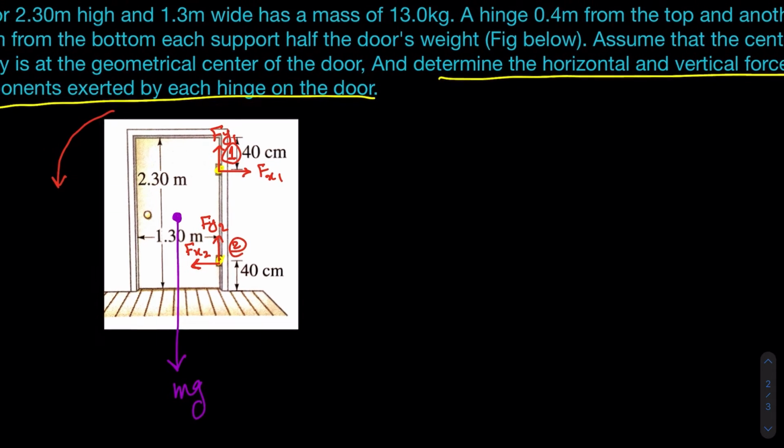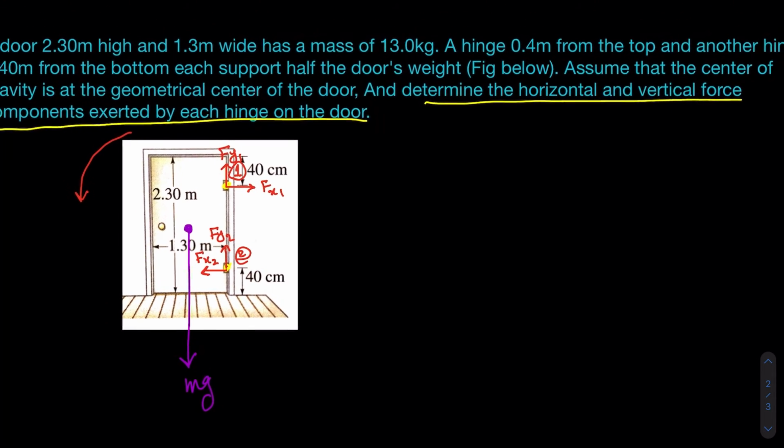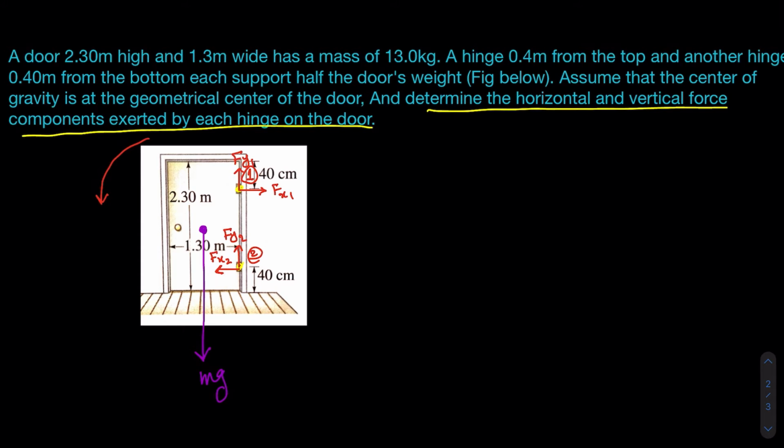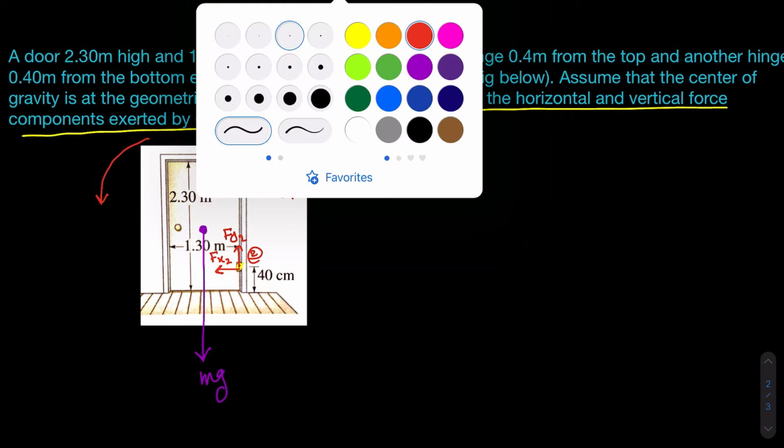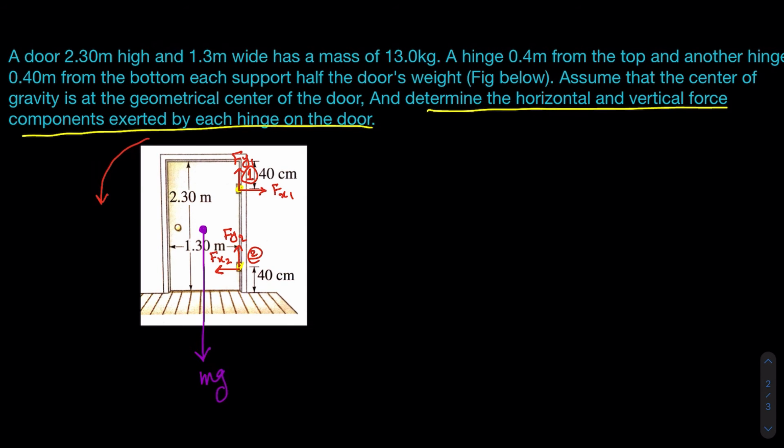Now we need to consider this case, as we see, a third condition of equilibrium, which is the combination of the first and second conditions of equilibrium. The first condition of equilibrium gives us two equations: sigma fx must be equal to 0 and sigma fy must be equal to 0.